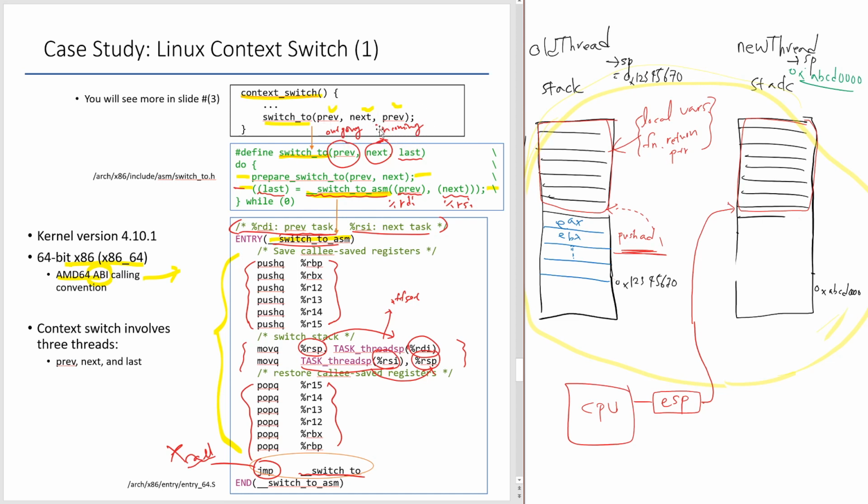It's the one that caused this incoming thread to switch out the last time it switched out. Okay, so it's confusing, but this is needed, and finally, whoever calls this context switch is able to retrieve who actually switched me in.